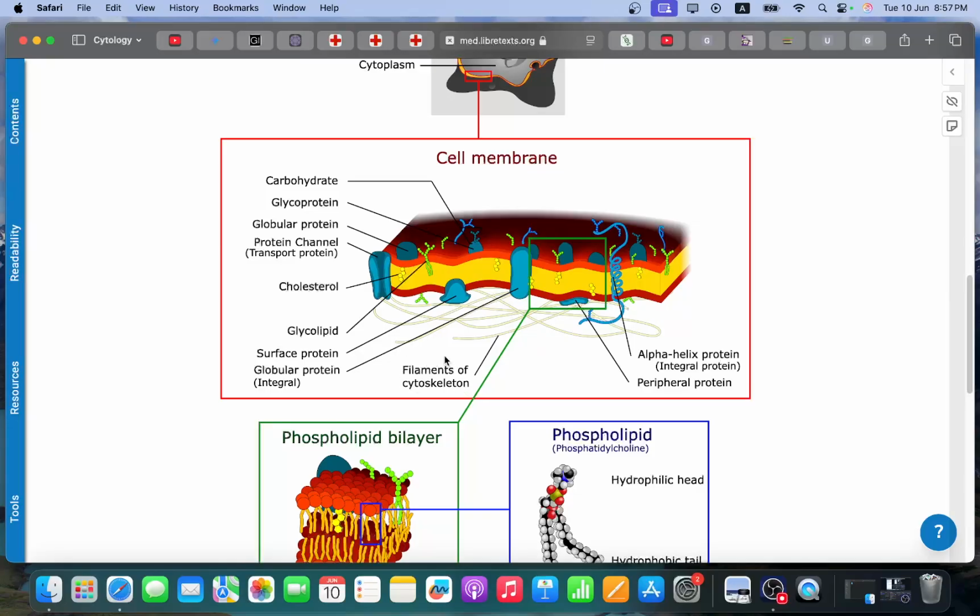Filaments of cytoskeleton. Okay, this is like a dry noodles like structure. Alpha helix protein, integral protein, peripheral protein. Alpha helix protein is this one. Okay, and peripheral protein is this one.